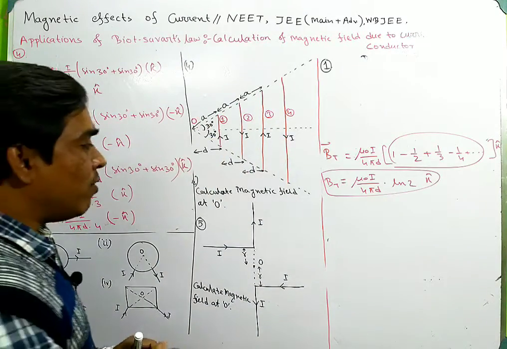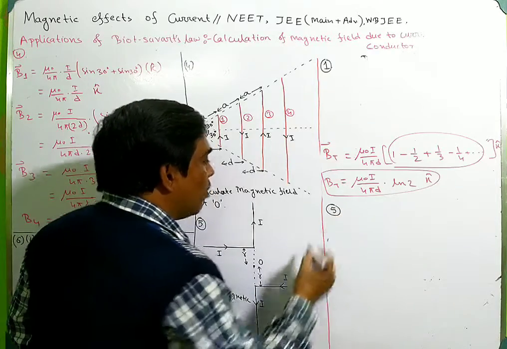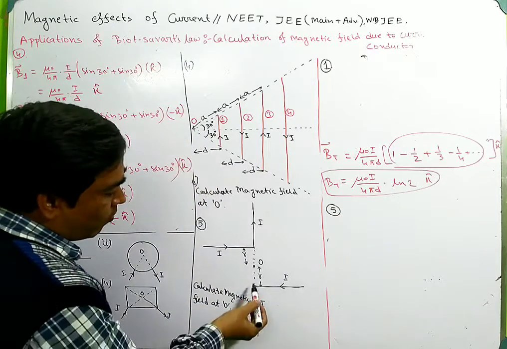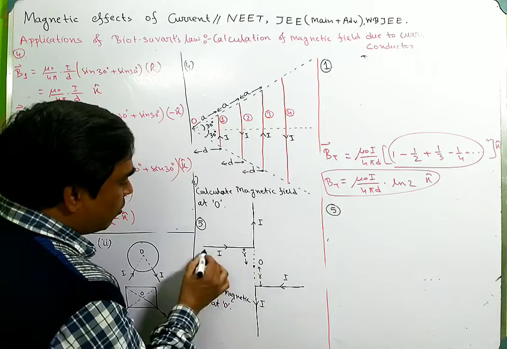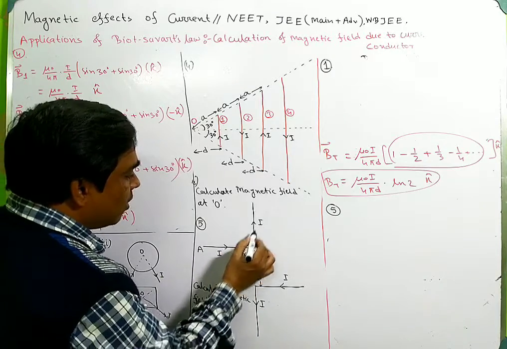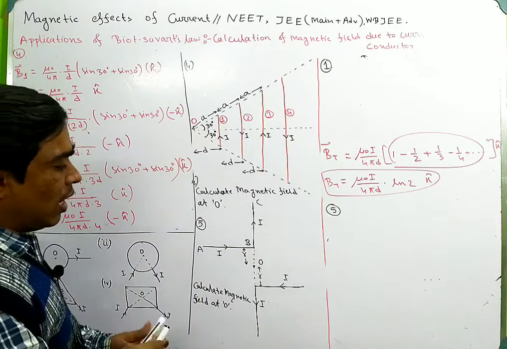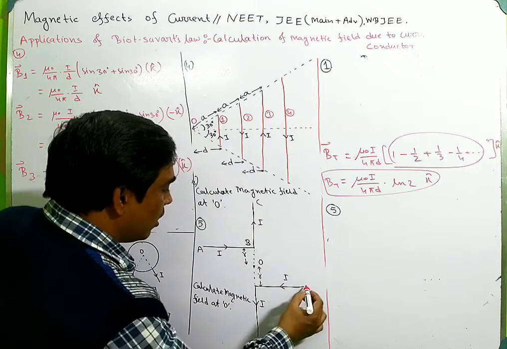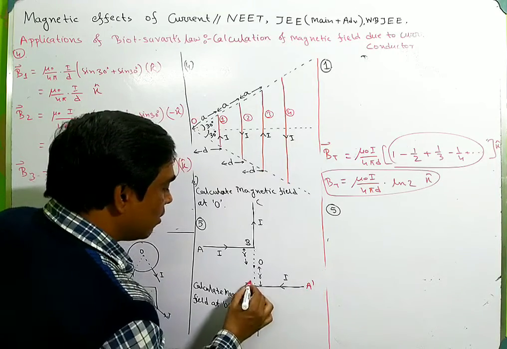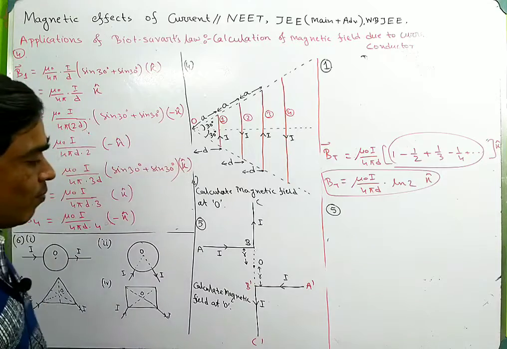Now problem number 5. Suppose this is A, this is B, this is C, and this is A dash, B dash, and C dash.